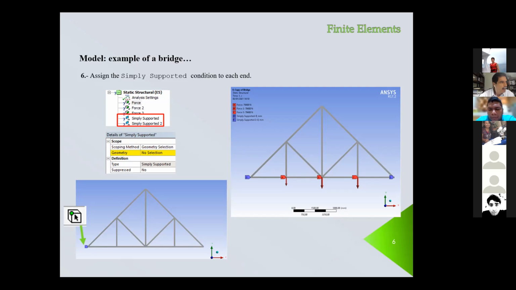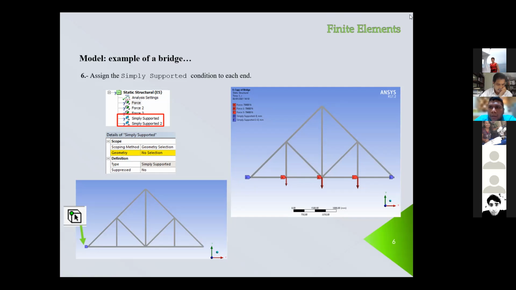Is your question about the top of the structure? Yes, just as an example, because we are only fixing simple supports at the ends.